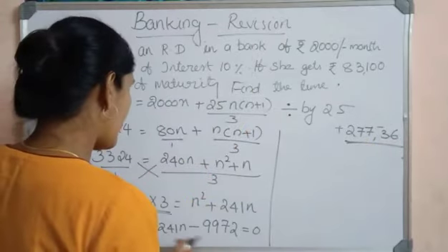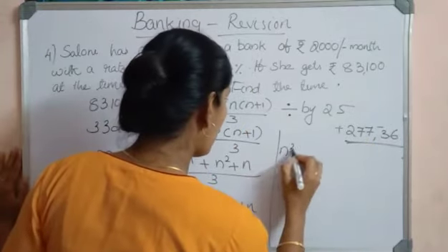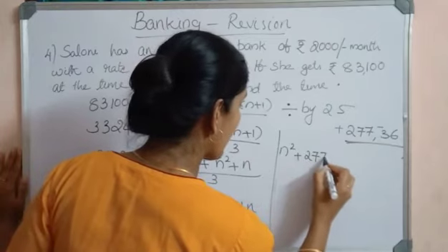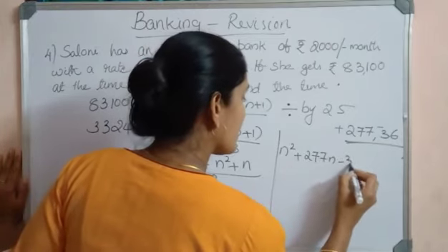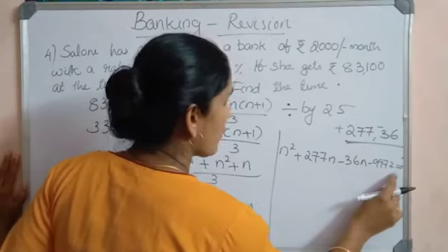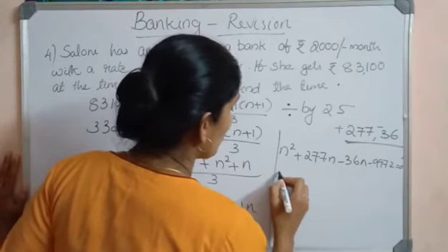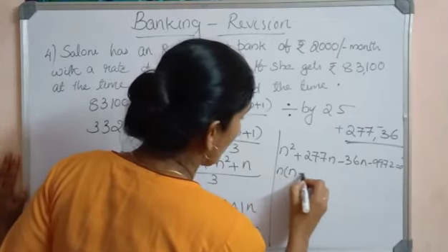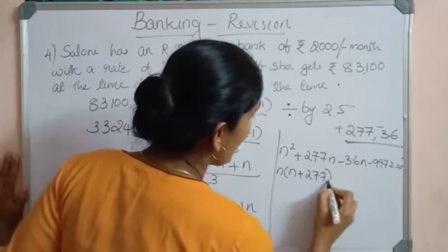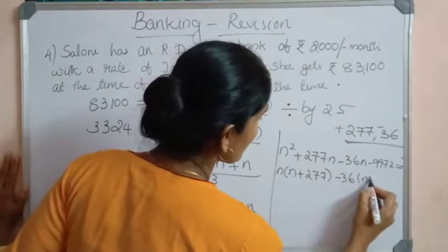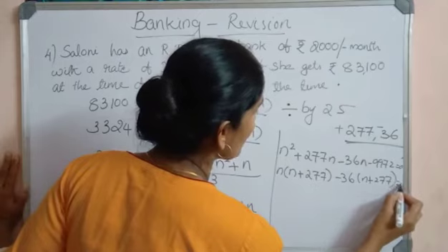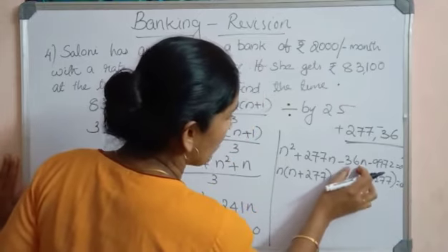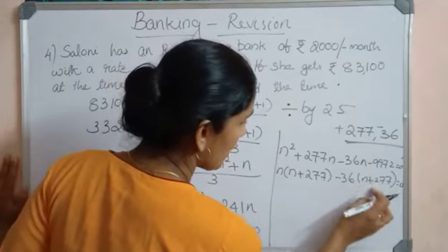So let's write this expression again. N square plus 277n minus 36n minus 9972 is equal to 0. So taking n common, n into n plus 277 minus 36 into n plus 277 is equal to 0. Here since we have taken minus 36 outside, this becomes plus.